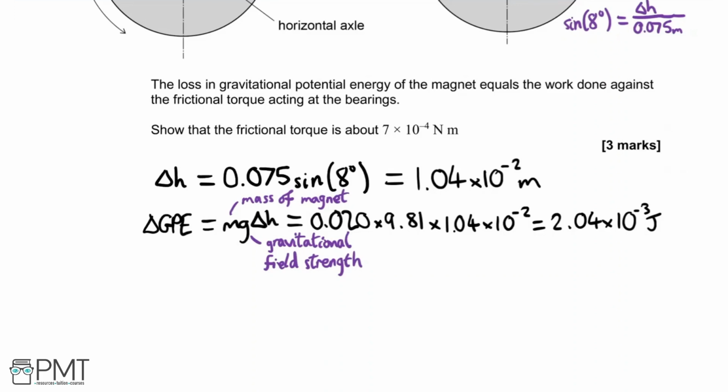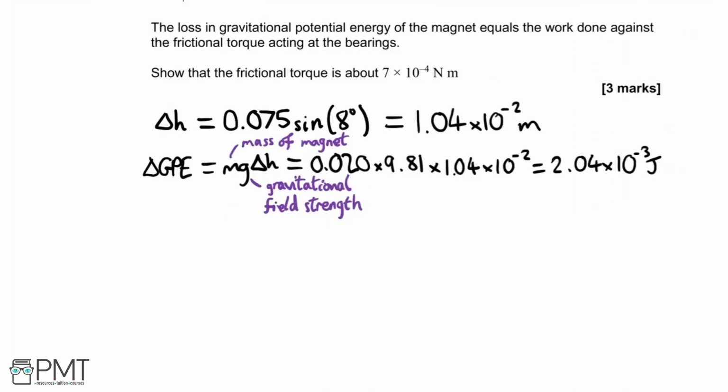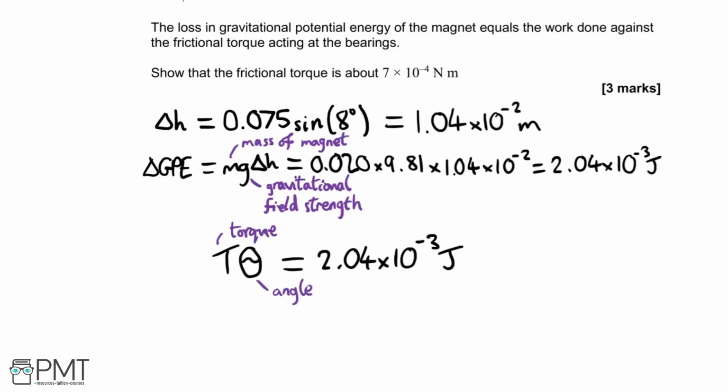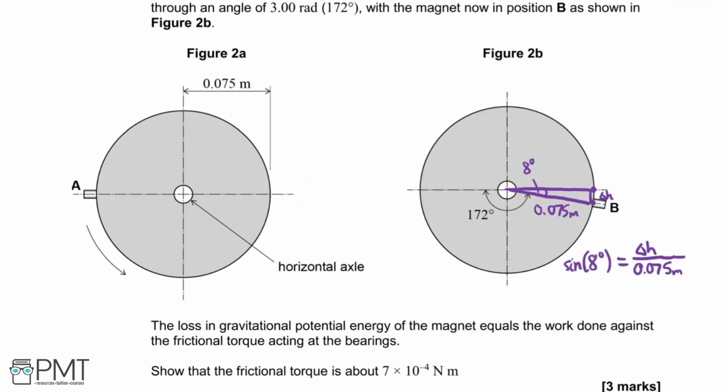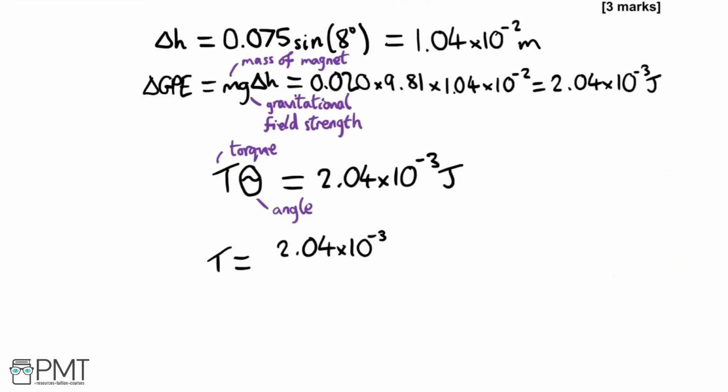And the work done is calculated as the torque multiplied by the angle. So if we go back to our diagram, this torque has acted over the 172 degrees, or 3 radians, as described in the question. So we need to divide our energy difference by this angle in radians. And this gives us a value of 6.80 times 10 to the minus 4 Newton meters.